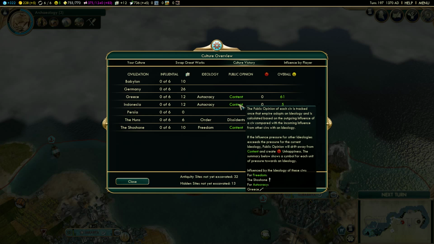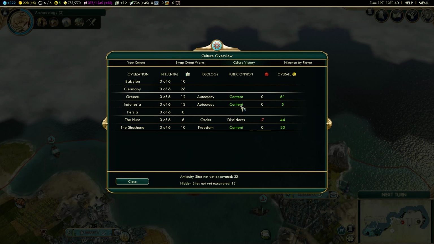Conversely, for Greece, they are exotic on us, and we are nothing on them, so they pressure us for autocracy. And that means that their influence on us sort of protects us against that of the Shoshone. Of course, that means you are very dependent on another civilization, but that is not the worst thing that can happen.